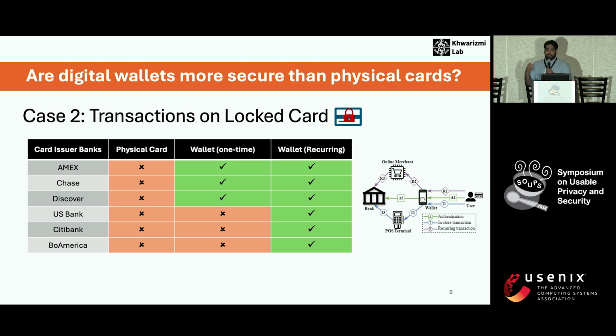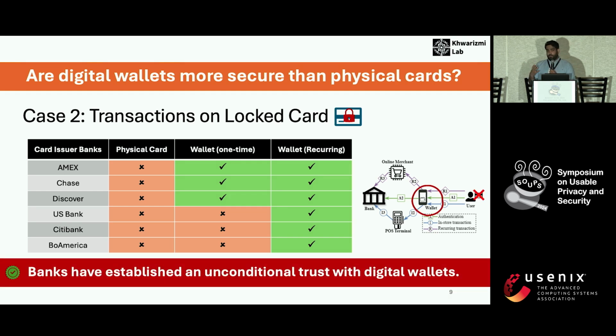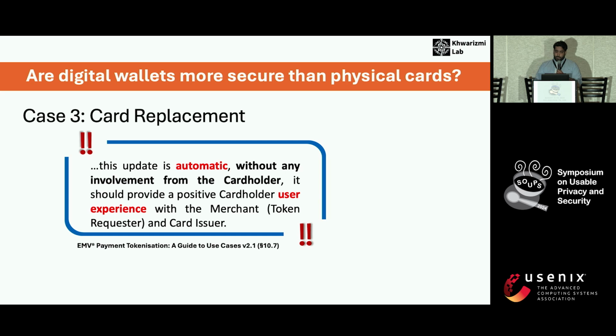You would assume that now the whole loop is secure, but that is not the case, because the wallet is in charge of making that transaction, and the bank is allowing that to happen. So the user does not have control of how the wallet operates, essentially. And the banks have established an unconditional trust on the security of the wallet, which we've shown can be circumvented.